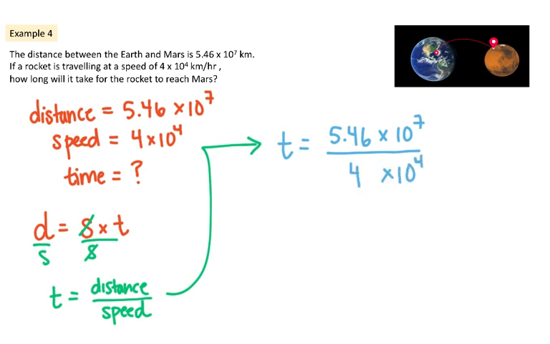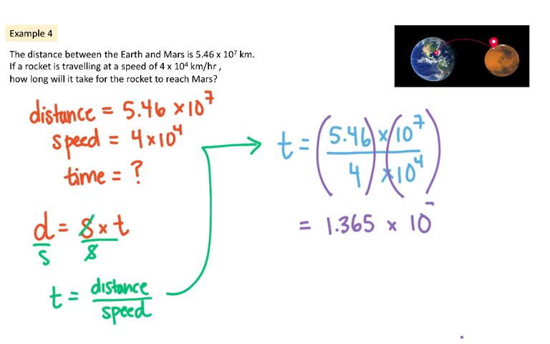And again, when we're simplifying, we'll do it with like terms. Number part simplifies with number part, power part simplifies with the power part, and we get 1.365 times 10 to the power 7 minus 4, because we are dividing powers, so we subtract. 1.365 times 10 to the 3, and our units are hours.